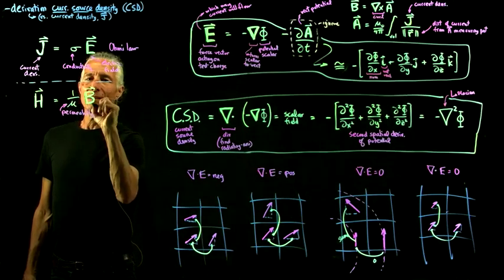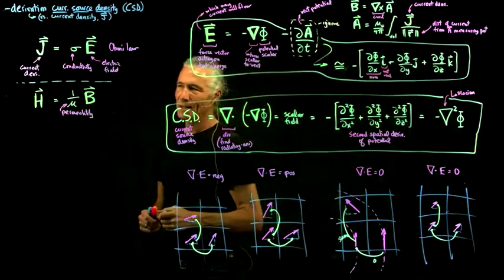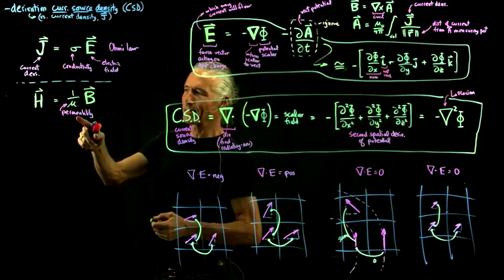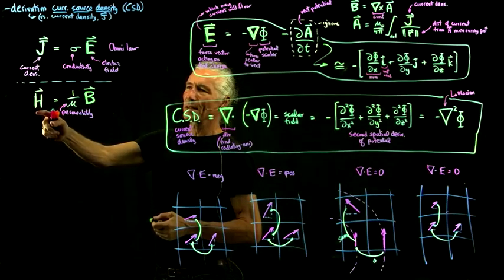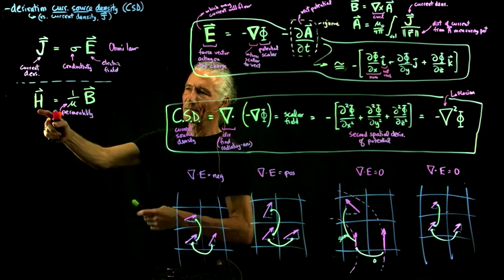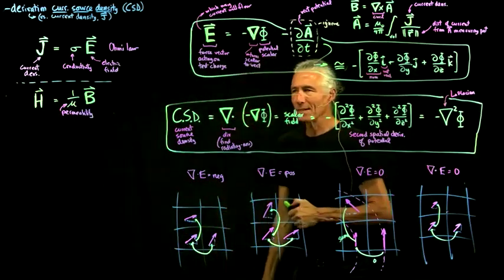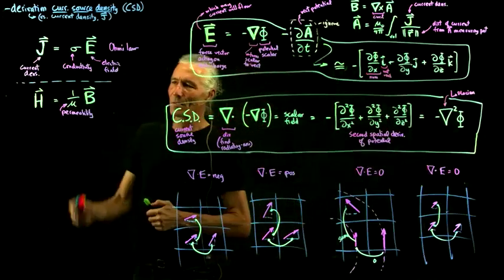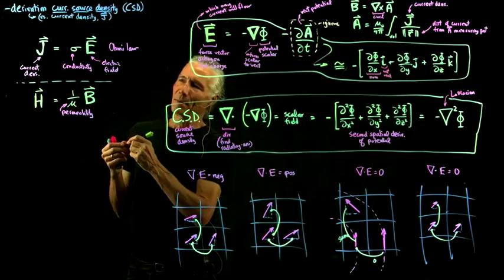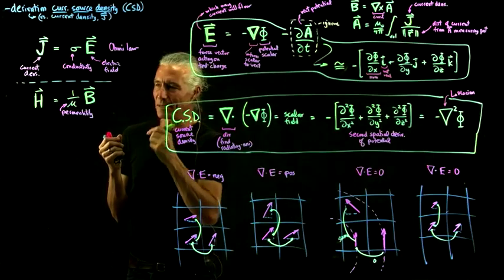For a given magnetic field B, or magnetic induction B, depending on how permeable the substance is, you'll end up with more or less macroscopic magnetic field.